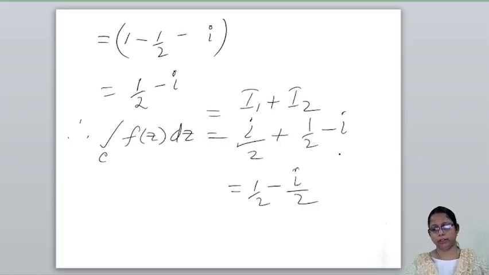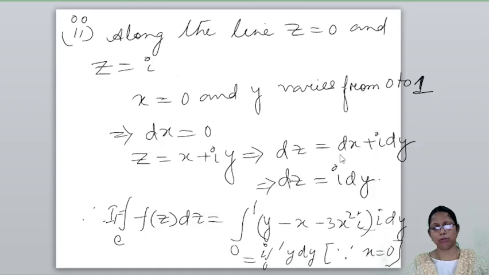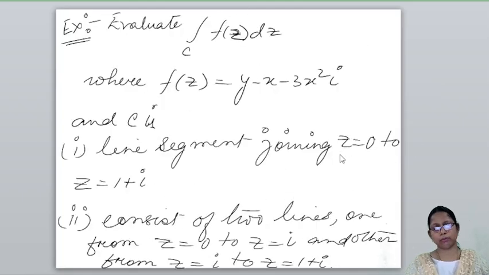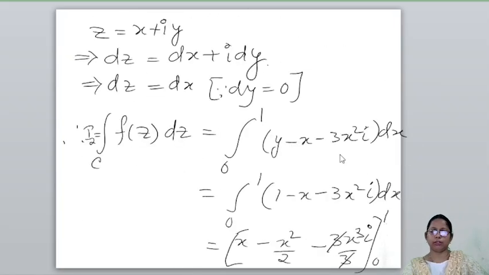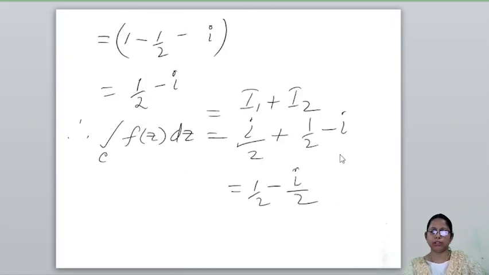That is, the integral along the two lines, z equal to 0 to z equal to i, and z equal to i to z equal to 1 plus i, is the sum of these two integrals, and the value is 1 by 2 minus i by 2. With that, I would like to conclude. The remainder will be in the next class.